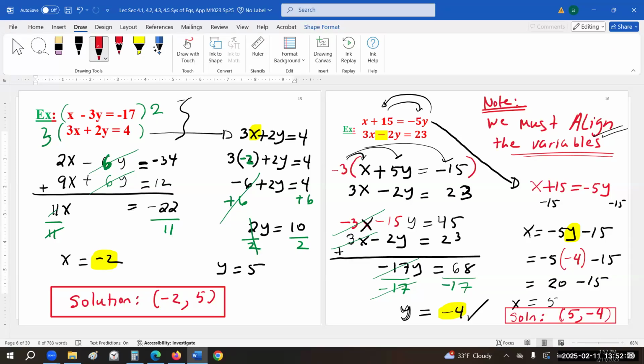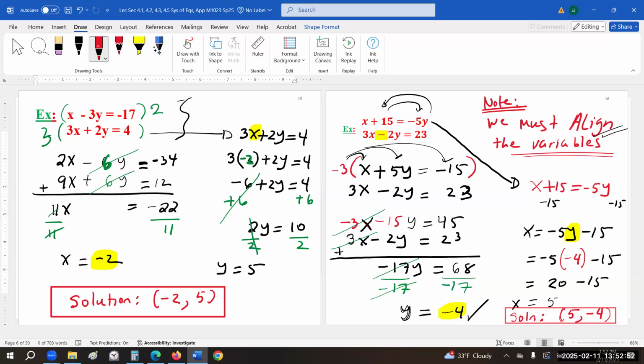So x plus 5y equals negative 15. So I substituted y, right? So it is 5 times 4, negative 20. And then you have to add 20, right? So if you add 20, you have negative 15 plus 20.